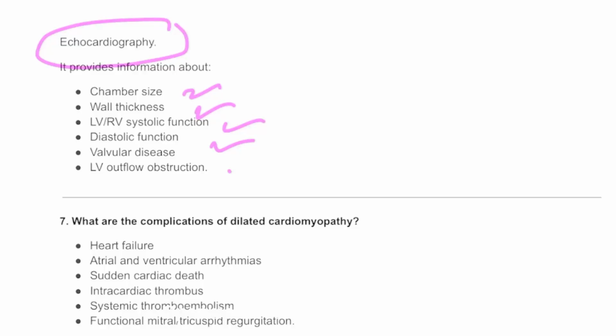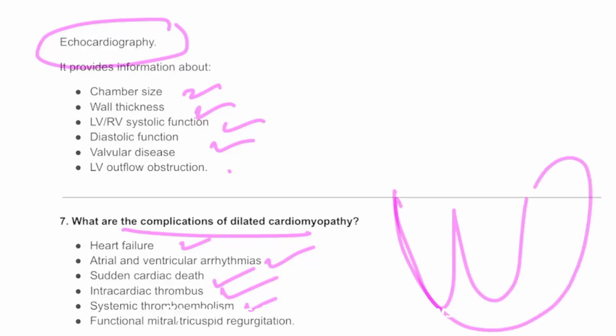What are the complications of dilated cardiomyopathy? It presents with heart failure, arrhythmias, sudden death, endocardial thrombus, systemic embolization, and functional tricuspid regurgitation.